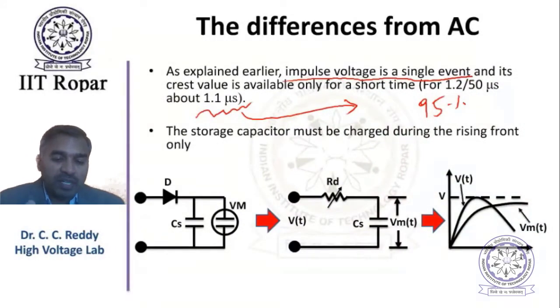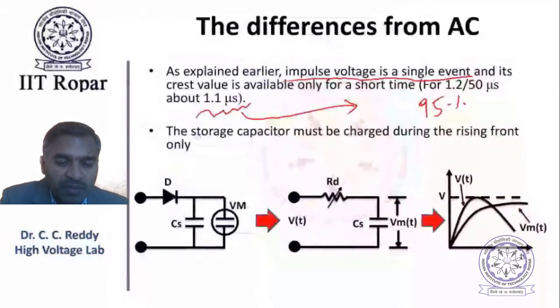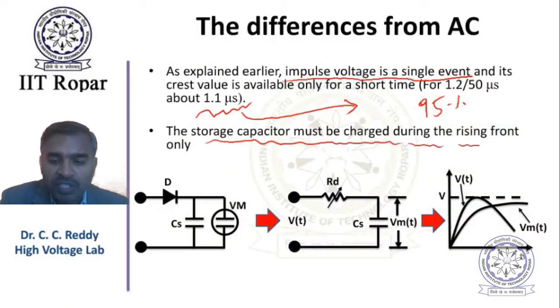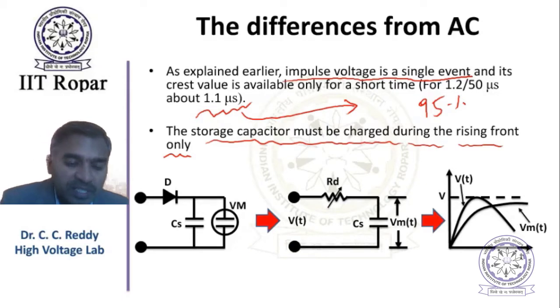Now, what is the fundamental circuit of peak measurement? Similar to the earlier one, this is a storage capacitor only. It must be charged during the rising front only. See here, after this rising front, will the capacitor get charged?